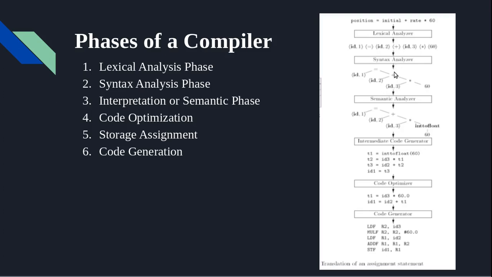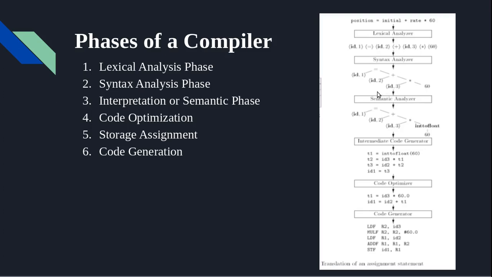We know that each and every source program has a particular syntax or grammar. Whether the sequence of tokens is in proper order according to the syntax is checked by the syntax analyzer. It will generate errors if it is not in the proper sequence.